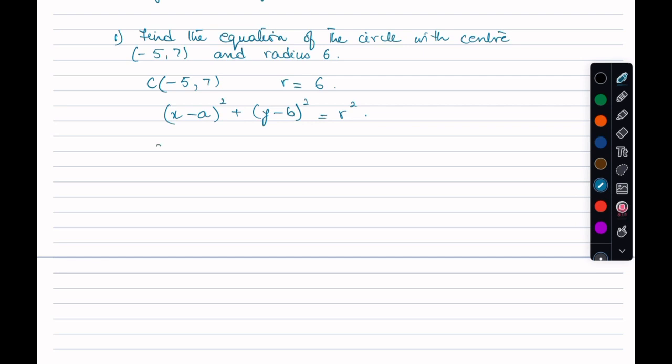So substituting the coordinates, I can say it's (x minus minus 5) the whole square plus (y minus 7) the whole square equals 6 the whole square, meaning this is (x plus 5) the whole square plus (y minus 7) the whole square equals 36. So this is going to be the equation of the circle.